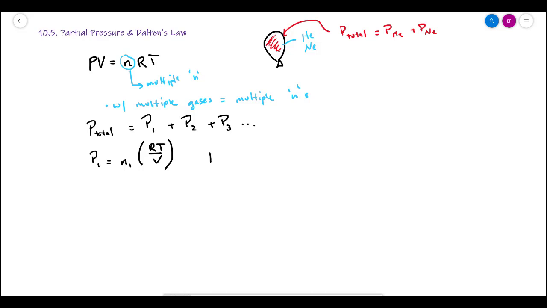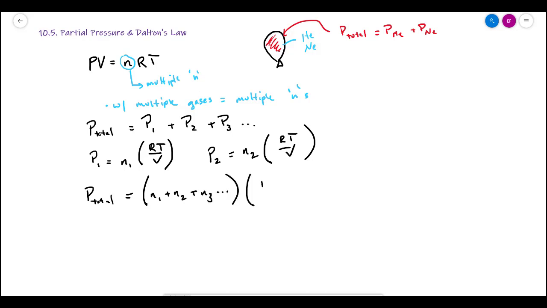We could write out the same for the pressure of the second gas, n2 RT over V. In other words, we could substitute these in and pull out the n's. So we have n1 plus n2 plus n3, etc., times whatever the gas constant times temperature over volume term is.